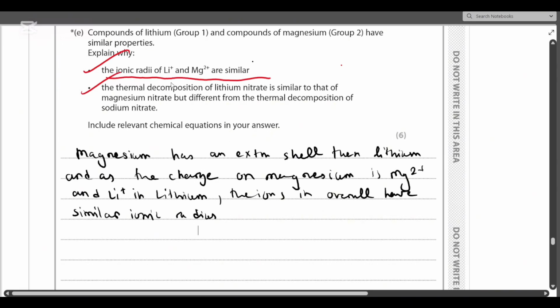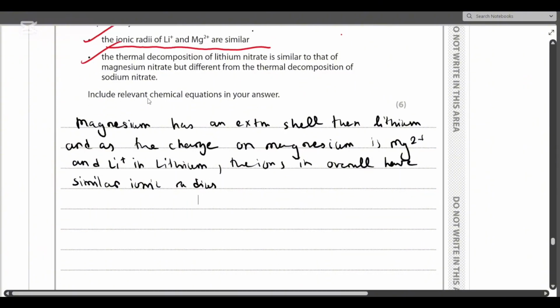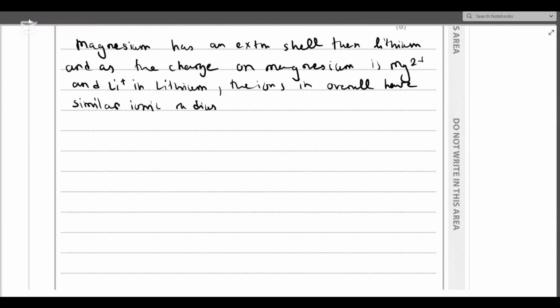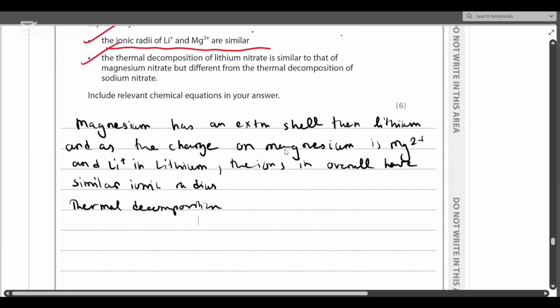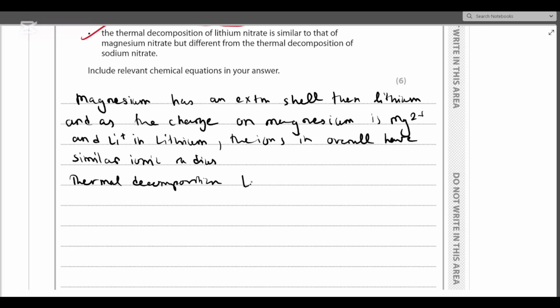Moving on, the second point: the thermal decomposition of lithium nitrate is very similar to that of magnesium nitrate. How can we prove that? At first, write the equation of thermal decomposition of lithium or magnesium nitrate, whatever you say. Let's give lithium nitrate for instance.